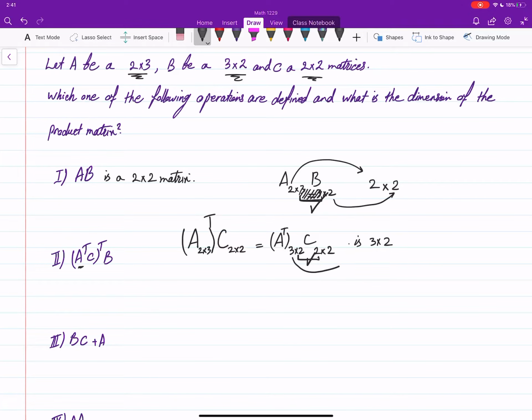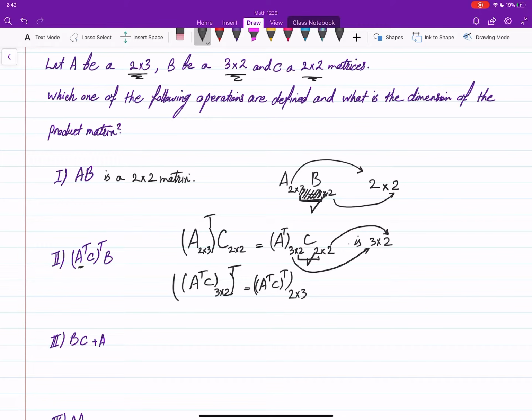And that matrix A transpose C is a 3 by 2. 3 comes from the first one, 2 comes from the second one. So A transpose C is 3 by 2. But then we find its transpose, and that makes this an interesting matrix because now it is transposed and it's 2 by 3.